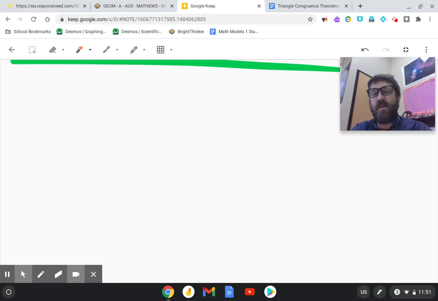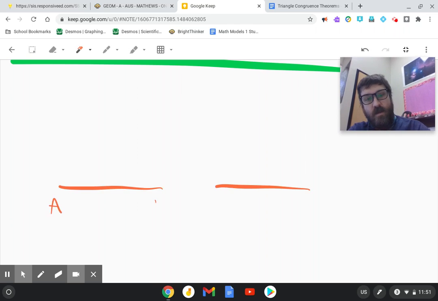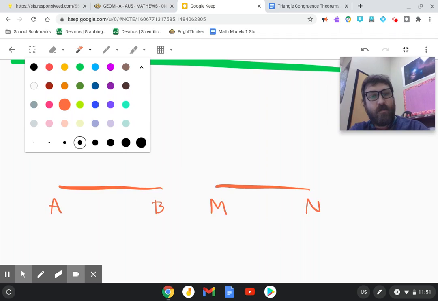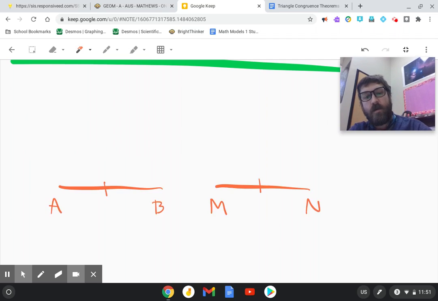And I'm not going to go through every example, but I will just do one more, which is to say, what if it's two sides? Let's say I know that there's a triangle made up of a side length like this, and we'll call this AB and MN. We know that AB is congruent to MN.